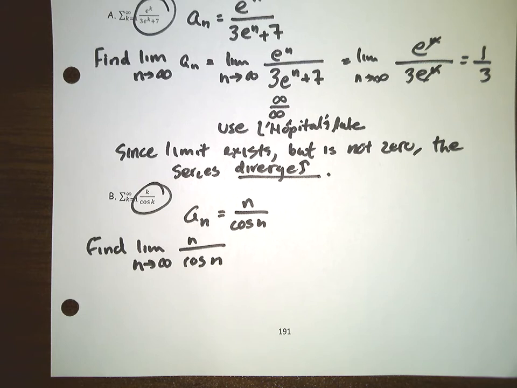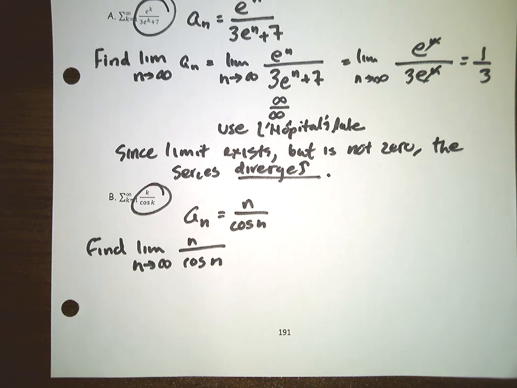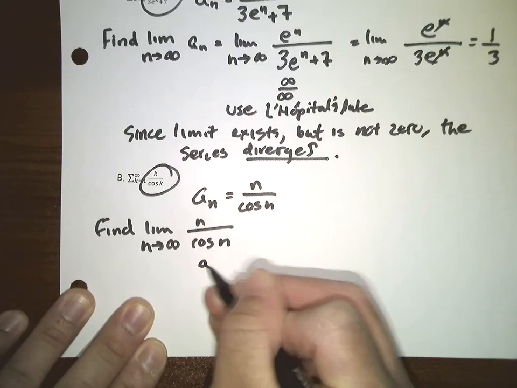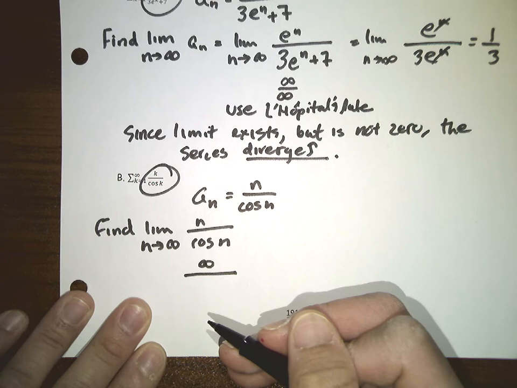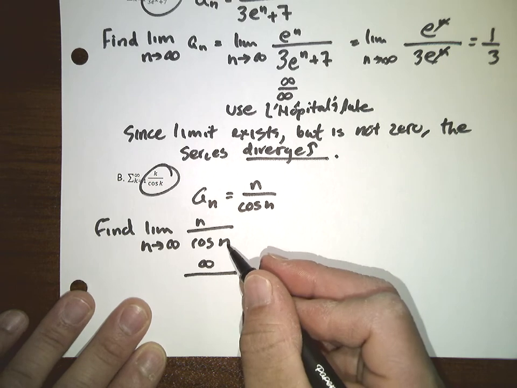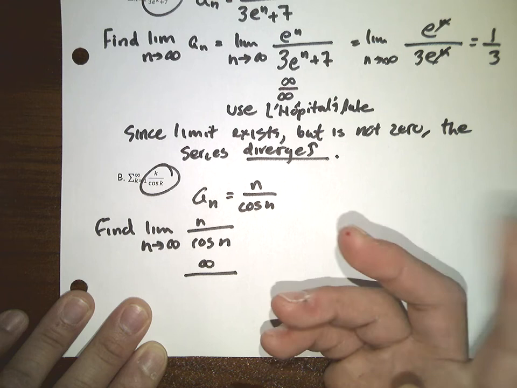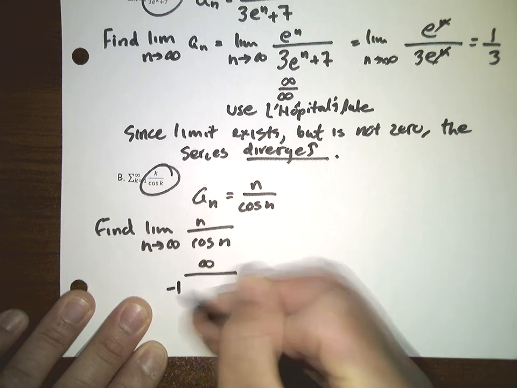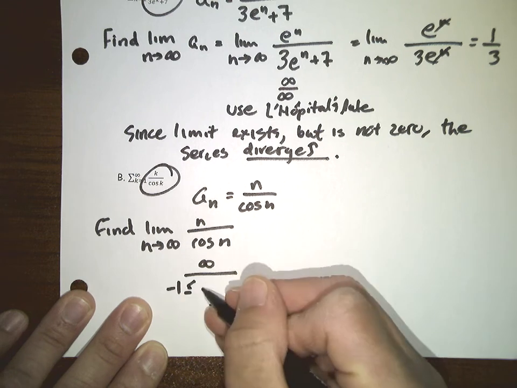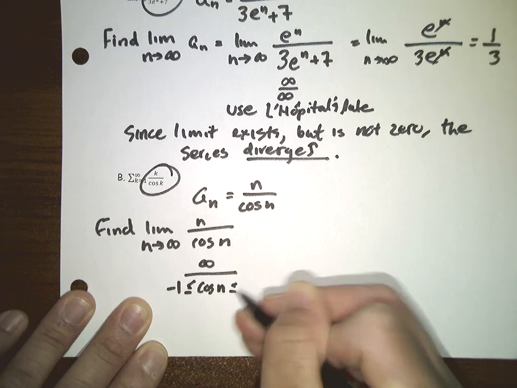There are lots of ways to go about doing this, but one of them is to say that the cosine alternates between negative 1 and 1. So negative 1 is less than or equal to cosine of n, which is less than or equal to 1.